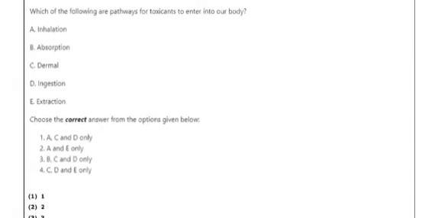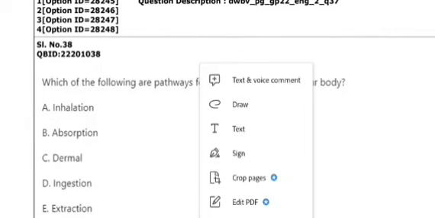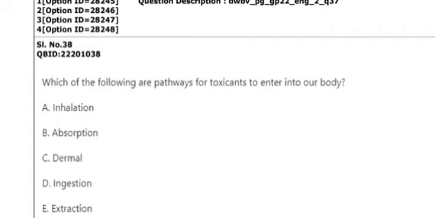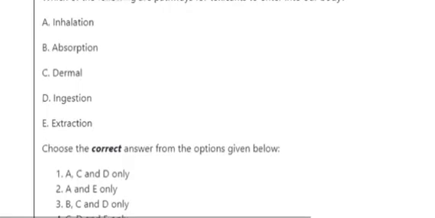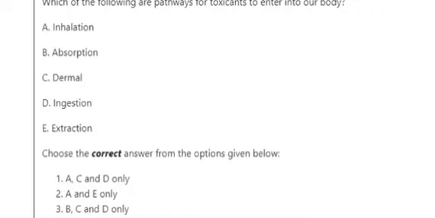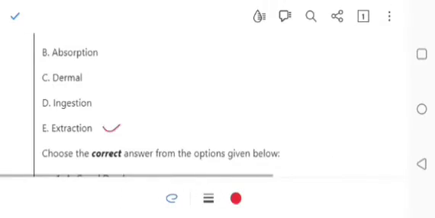Wait, it is not working properly. The 38 correct option was A: inhalation, then dermal, then ingestion.